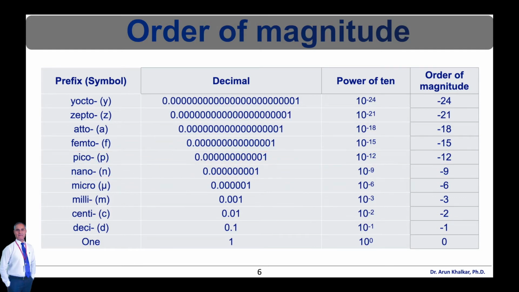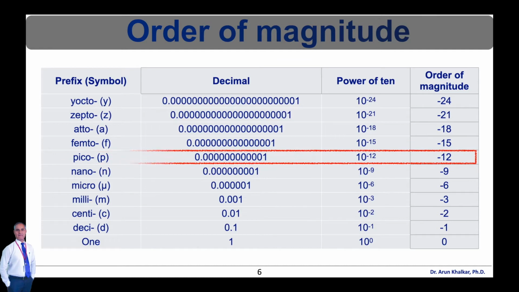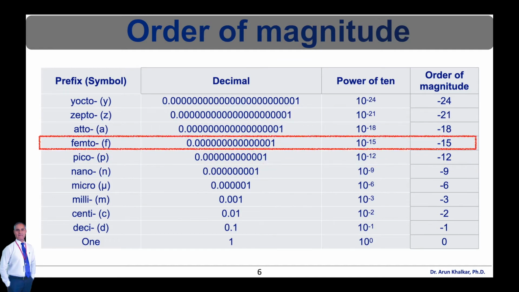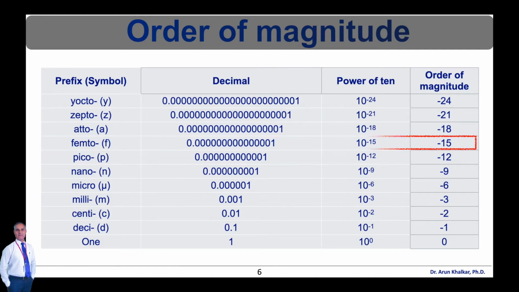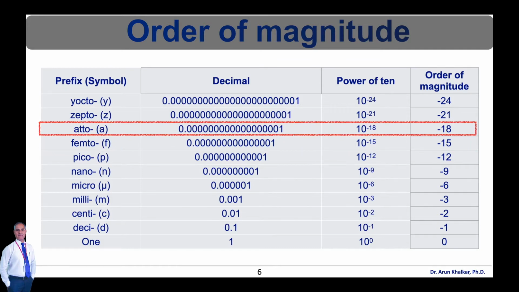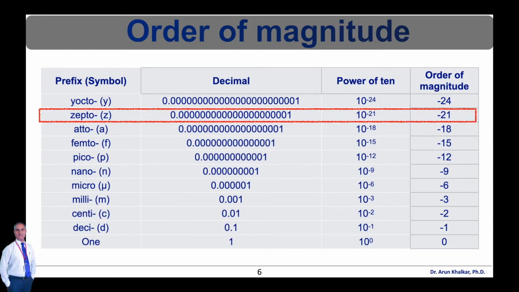For pico, it's 10^-12, and -12 is the order of magnitude. For femto, it's 10^-15, and the order of magnitude is -15. Next, 10^-18 is called atto, and the order of magnitude is -18.